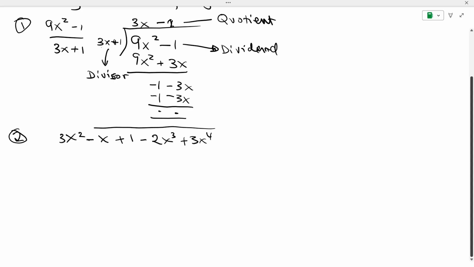And all this is supposed to be divided by x squared plus 1.